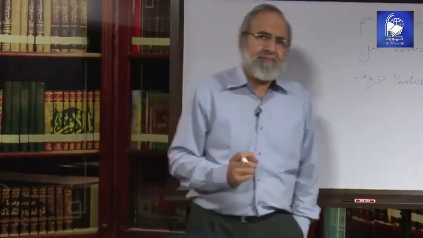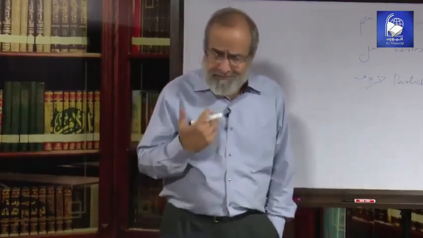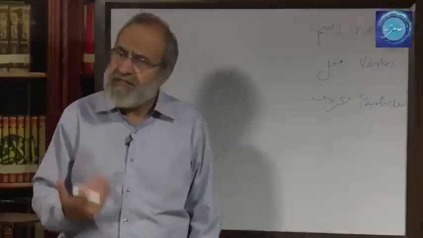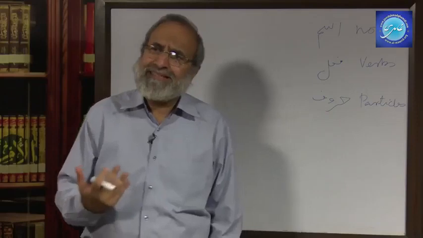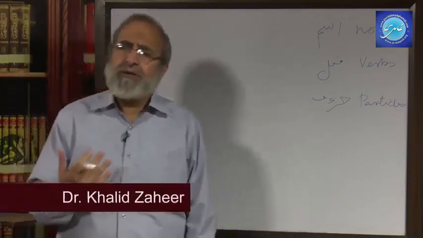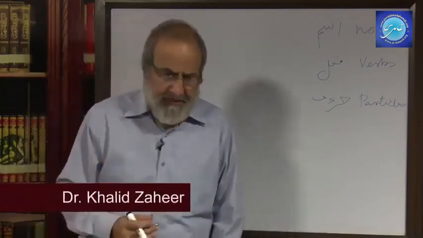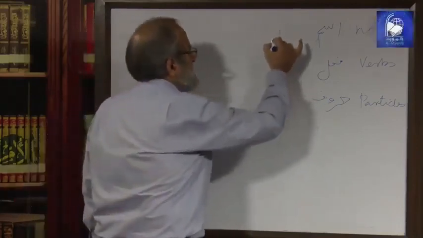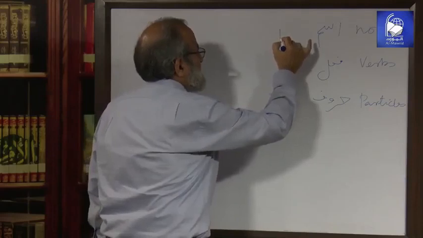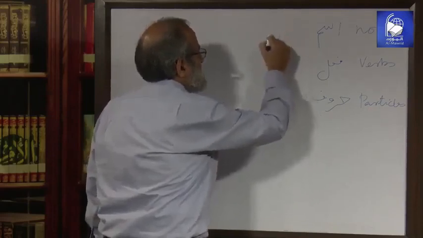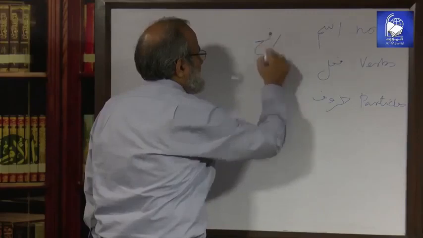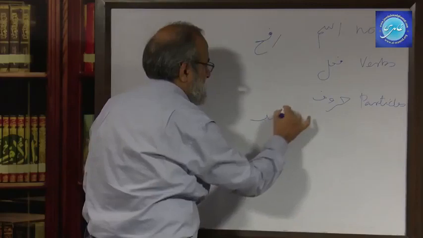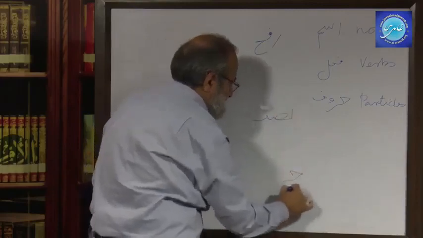When we discuss nouns, we've started the understanding of I'rab, and we have understood that I'rab takes three forms. There are three categories, three cases. We've already discussed the case of Rafa, and what is left is Nasab and Jar.